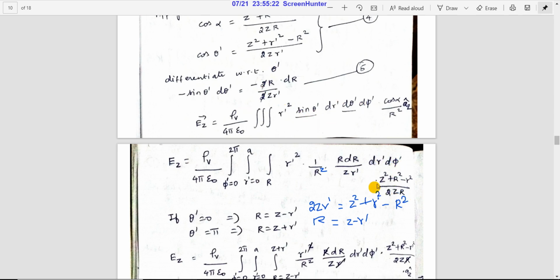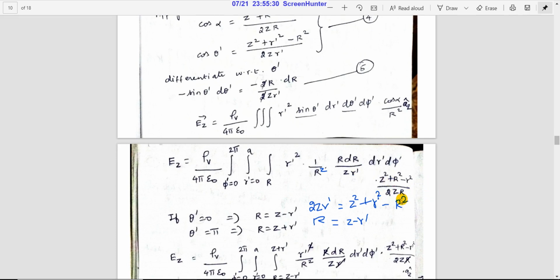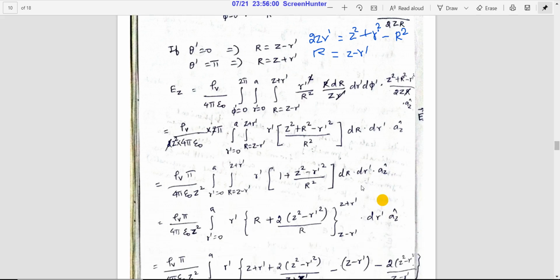So you can substitute these values, so z square cos alpha, you are having z square plus r square minus r dash square divided by 2zr. After substituting the limit values, you will be having this equation. You can strike out the similar terms: r dash square, so from that r dash has been cut out, and one r and another r is being cut out, so you will be having the unit vector as z dash.